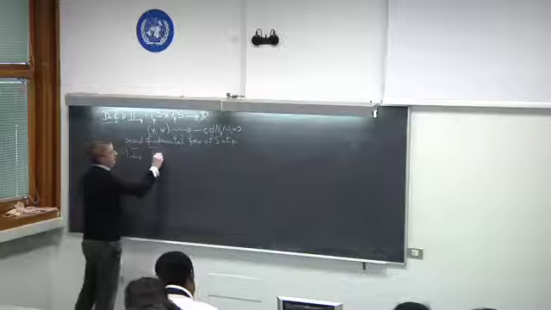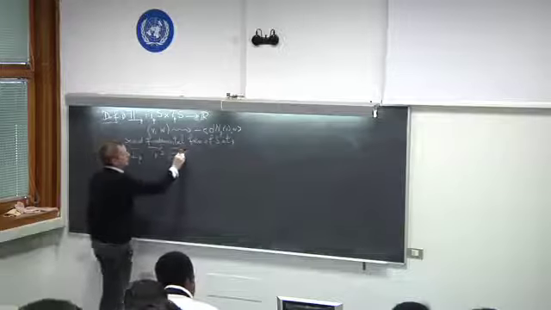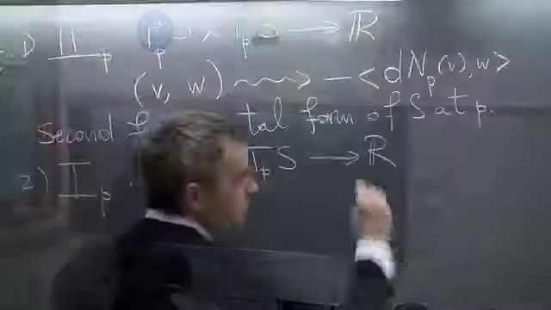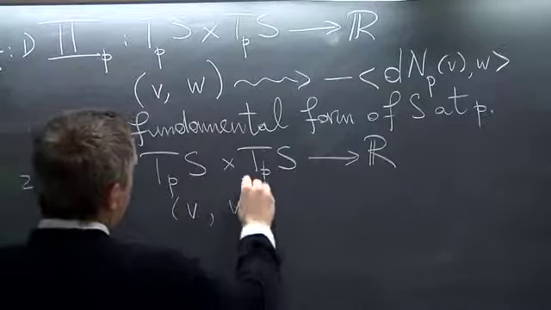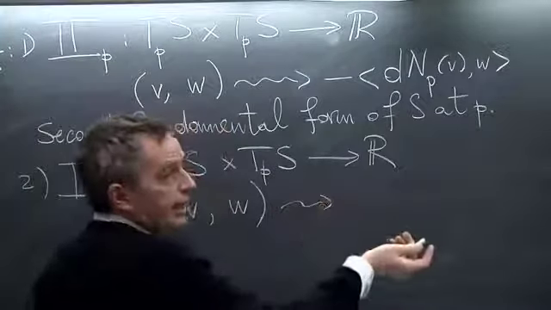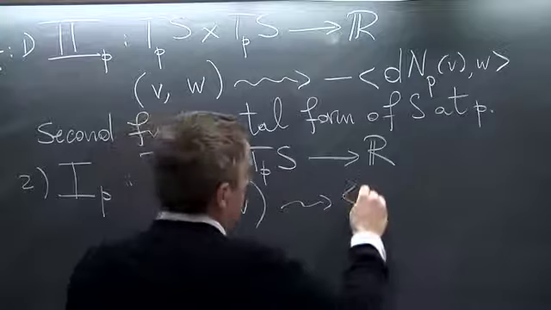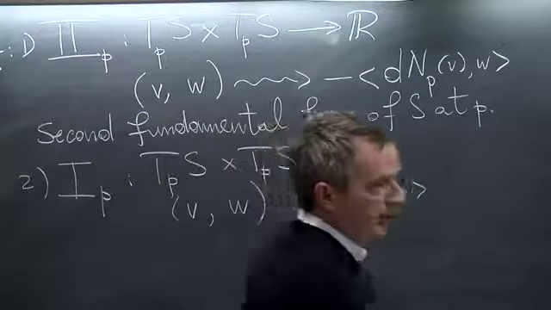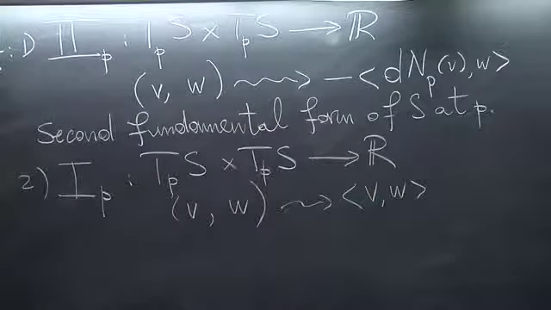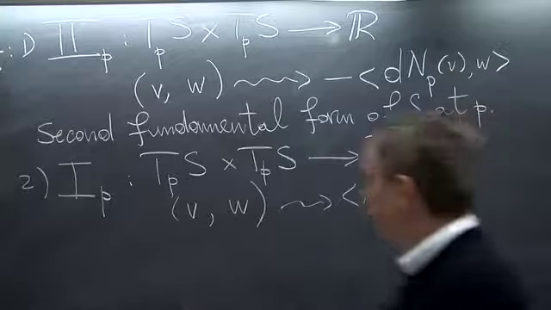So it takes, again, two tangent vectors v and w, and just gives me the scalar product. We never felt the necessity of giving it another name different from scalar product, but okay, this is called the first fundamental form.